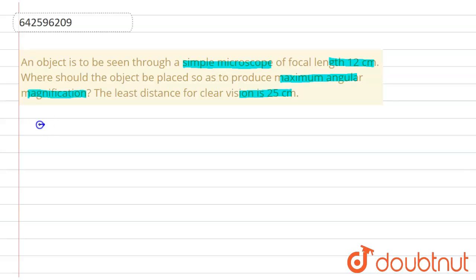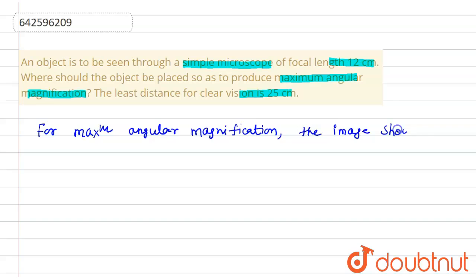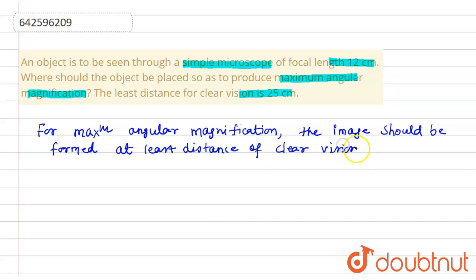So, for maximum angular magnification, the image should be formed at the least distance of clear vision.